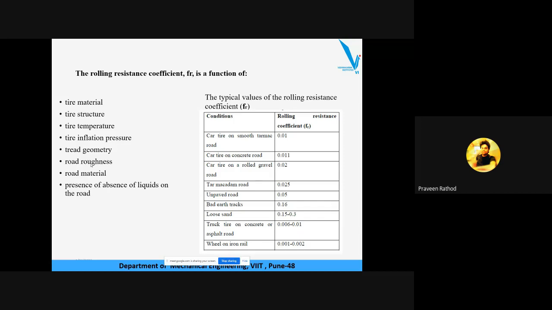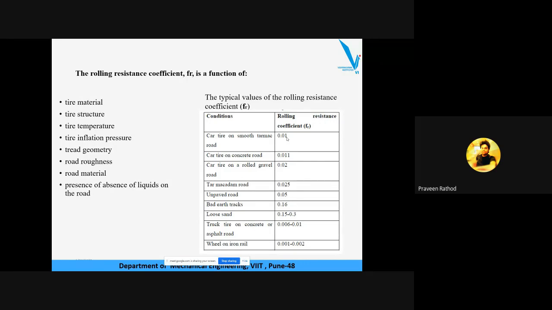So whenever we study rolling resistance, this table indicates the typical values of the rolling resistance coefficient. For a car tire on a smooth tarmac road, the rolling resistance coefficient will be 0.01.